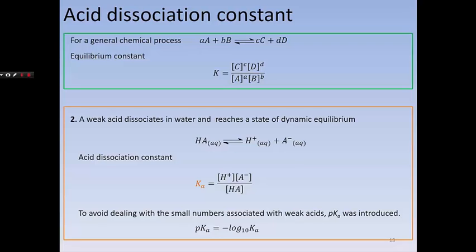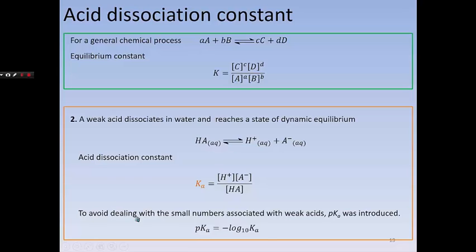Another point I would like to say is the acid dissociation constant of a weak acid is usually very small, usually below 10 to the negative 3. So for such small numbers, we again prefer the log scale.